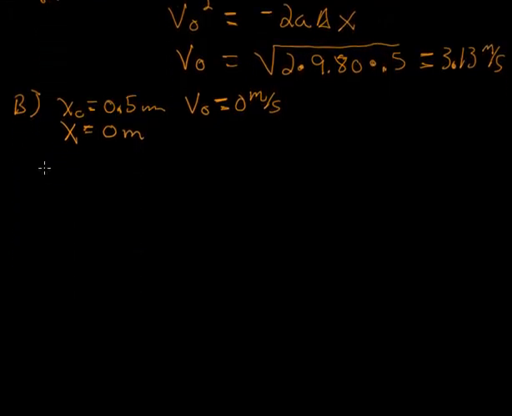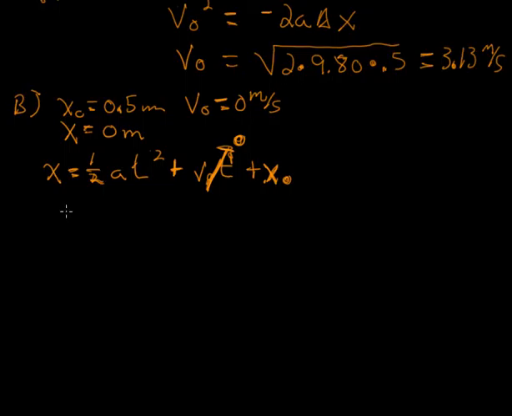And so if we use x equals 1/2 a t squared plus v naught t plus x naught, this portion goes away, and we can then solve for t.